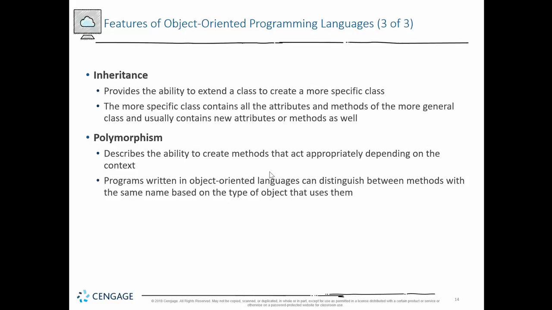So inheritance, as it says there, provides the ability to extend a class to create a more specific class. So if I created a class called bank account, I could use inheritance to create a more specific class called checking account and another class called savings account. And both checking account and savings account would inherit from bank account.